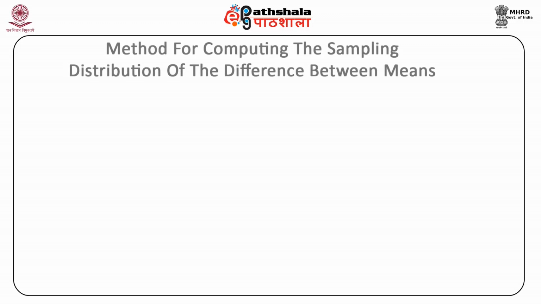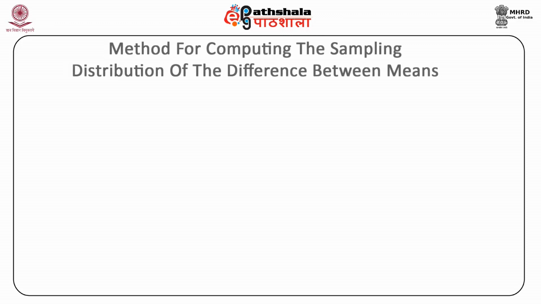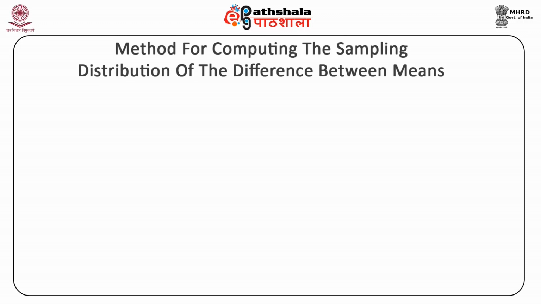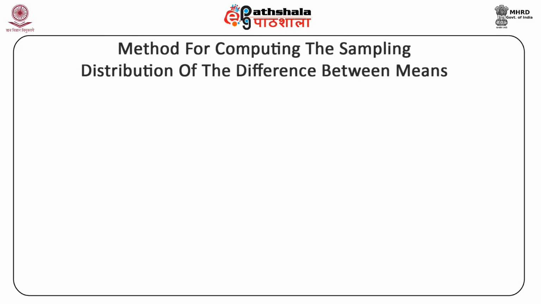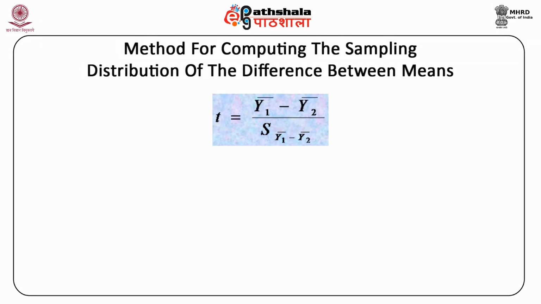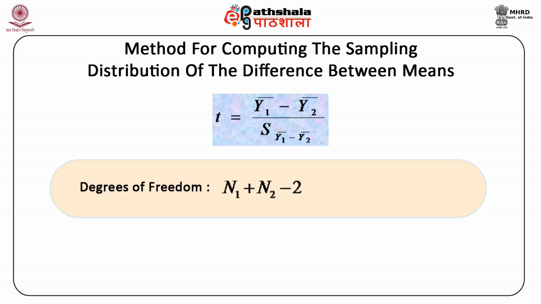The formula for the obtained t for a difference between means test is t is equal to y1 bar minus y2 bar upon standard error S(y1 bar minus y2 bar). We also need to calculate the degrees of freedom for the difference between sample means.